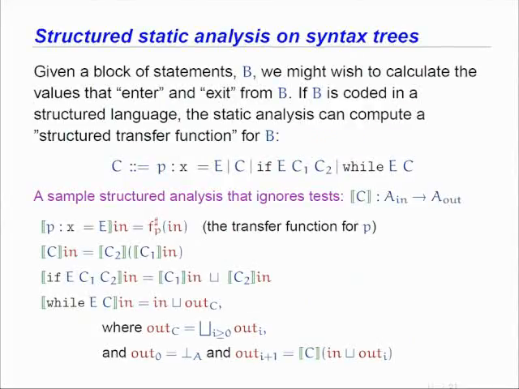So here's the abstracted version of assignment, abstracted version of composition. I'm ignoring tests on the conditional. The loop generates a local fixed point. I can abstractly interpret that, no problem. And what's cool is the abstract interpretation can be annotated on the syntax tree because it's attribute grammar-like, isn't it?